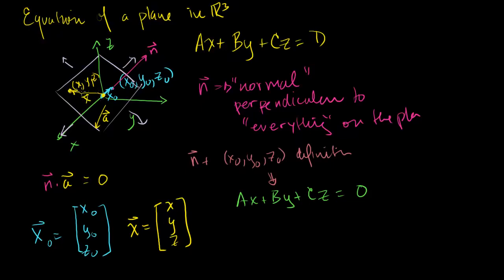So it goes from the origin and it goes out, and you can almost view them as if the plane was like a coffee table. Let me see if I can draw it. If this was the flat surface of the plane, the vector x naught is going from the origin to specify some point on the plane.